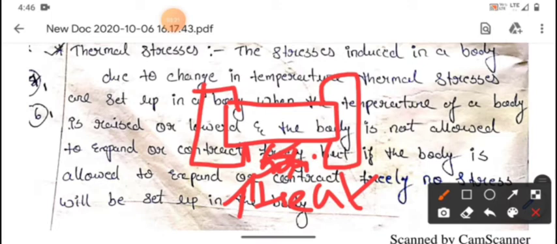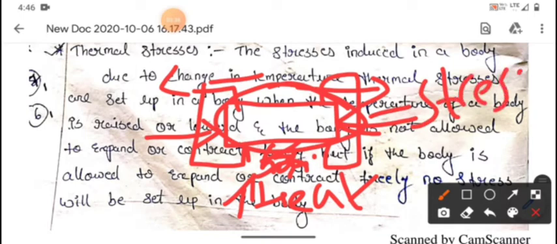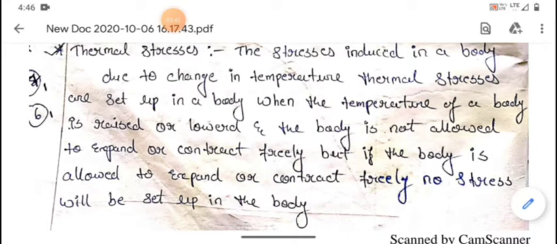What will happen? It has a restriction to expand. Because of that, this entire material will be under stress. So it has two cases. We will discuss one by one.